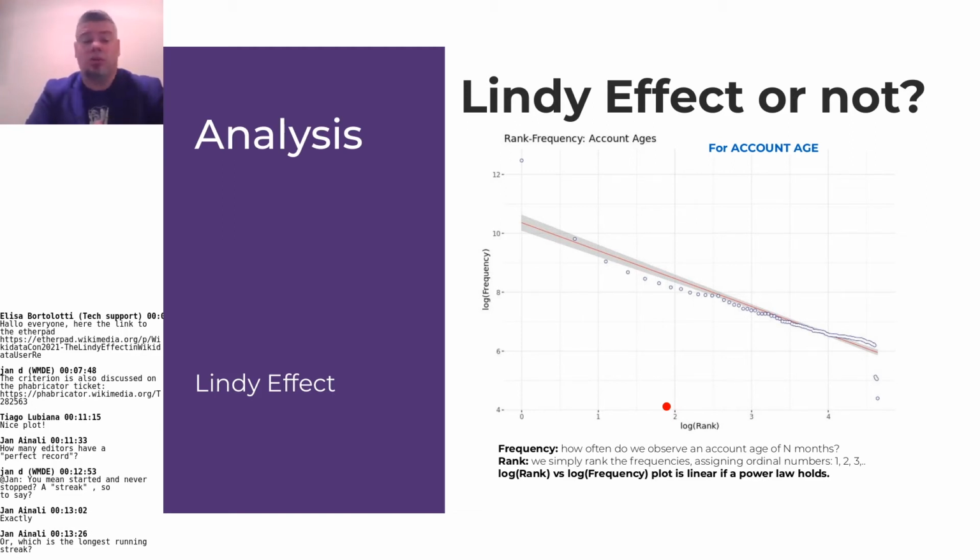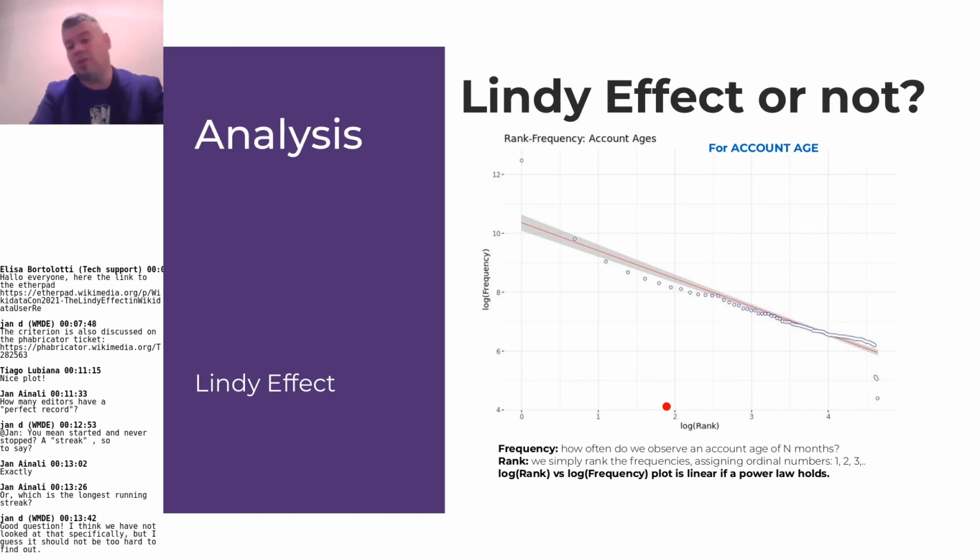So say 25 persons have an account age of 85 months. That is the frequency of 85 months. It's 25 users. That's called frequency. We plot that on the vertical axis, and the x-axis, the horizontal axis here, is simply the rank of frequency. So we take the most frequent account age and give it a rank of 1. The second one has a rank of 2, etc.